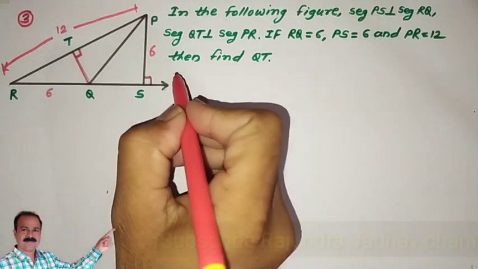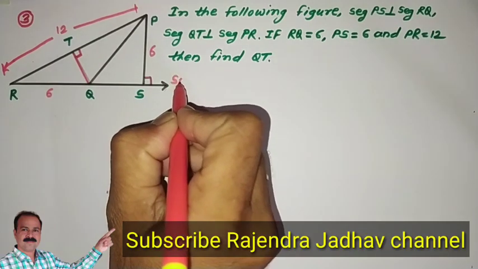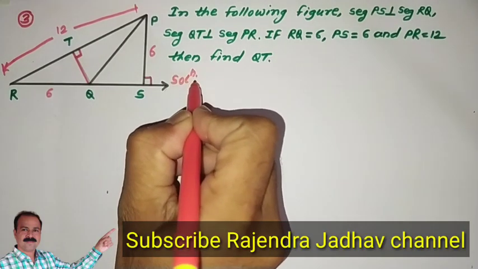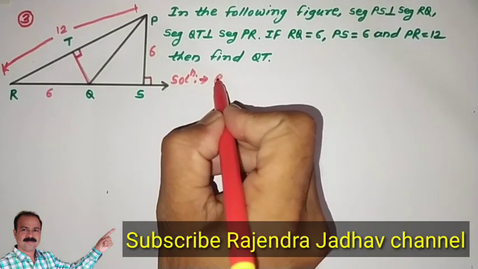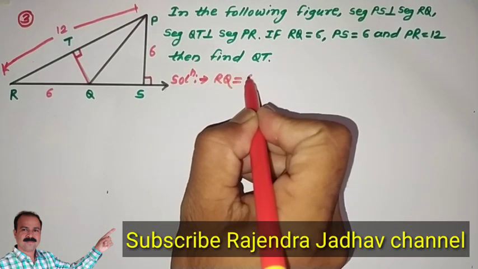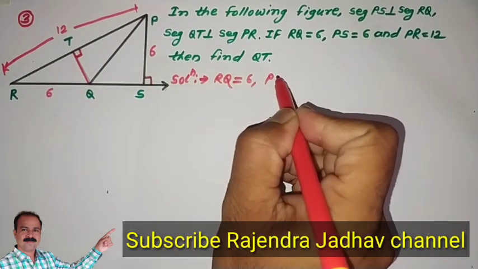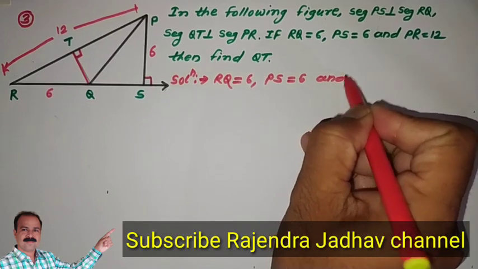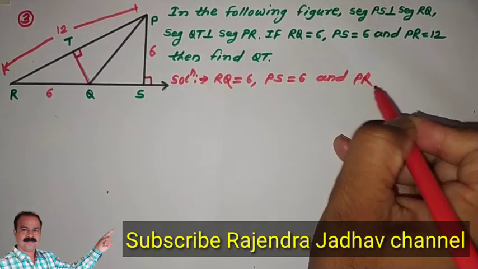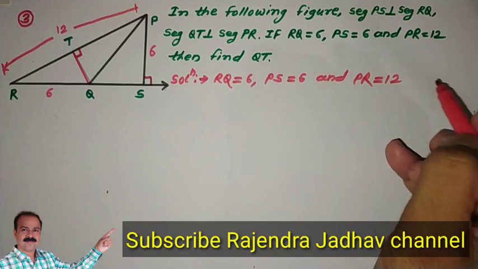Solution. First write down the given terms. Here the given RQ is equal to 6, PS is equal to 6 and PR is equal to 12. This is the given.